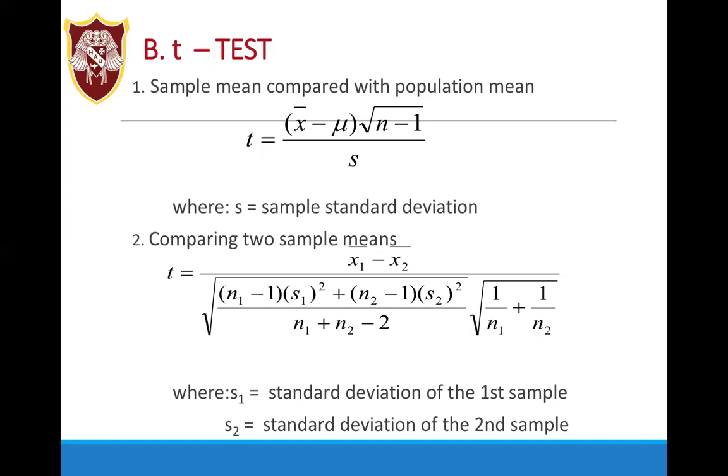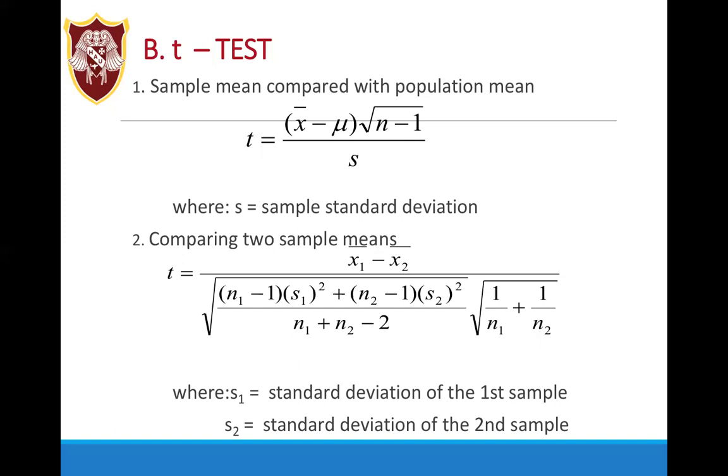And then the second formula of t is used when comparing two sample means. So t is equal to, so this formula is longer than the others, no?